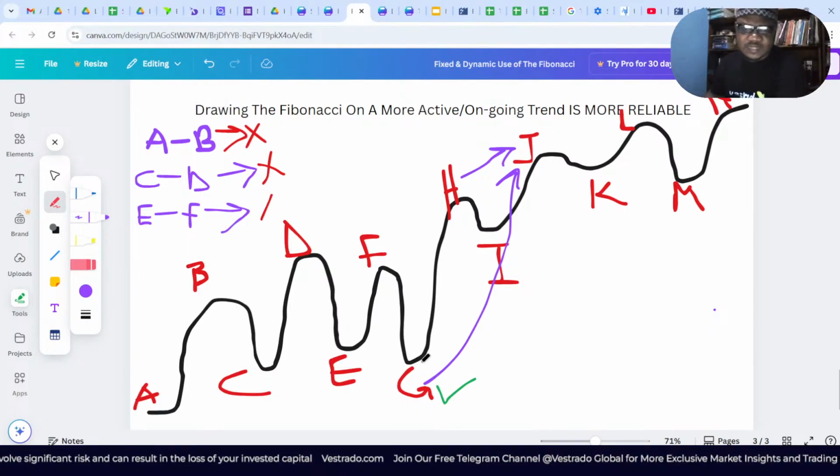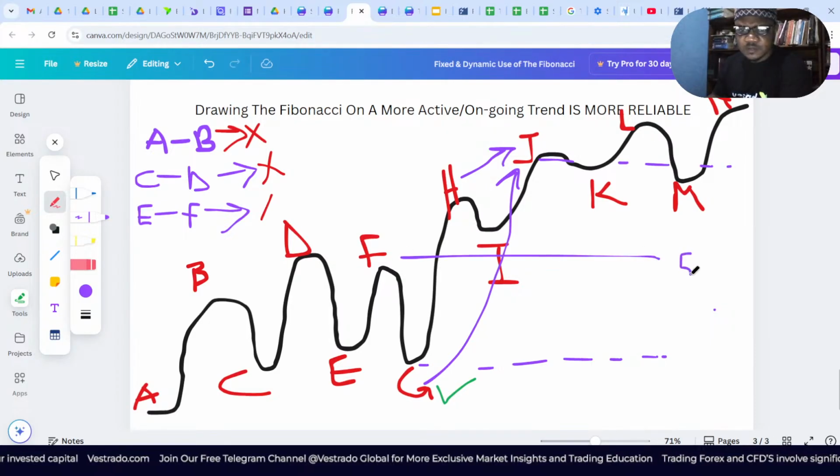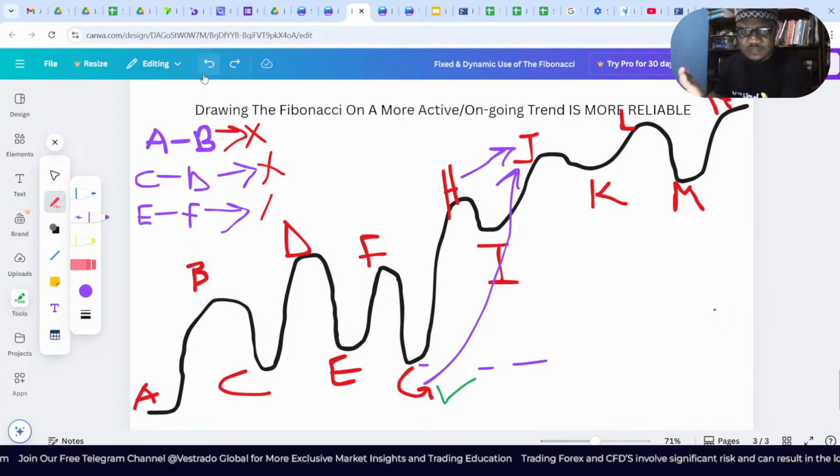So if we project that out, and here you have the 50% mark, you see that that has not reversed up to the 50%. What happens? G still remains constant.